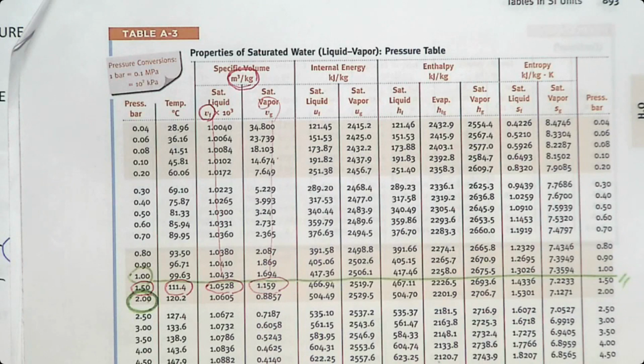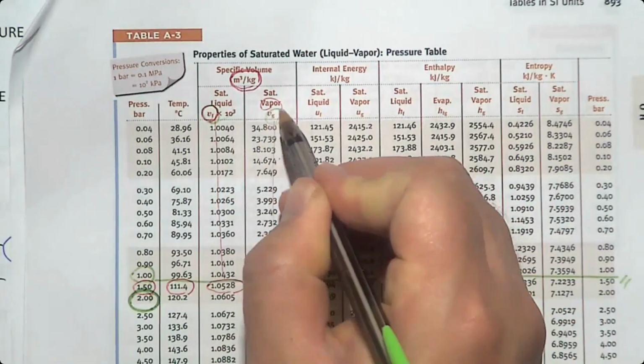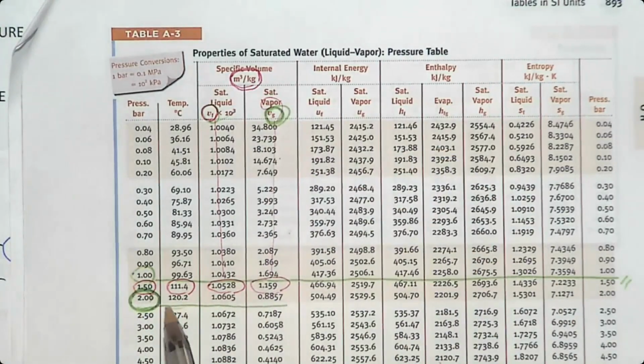So this value, 1.0605 at 200 kilopascal, the specific volume is actually this number divided by 1000, in cubic meters per kilogram. What about Vg? So this one is Vf. There's a Vg. So at 200 kilopascal, this one is T sat, Vf, Vg.